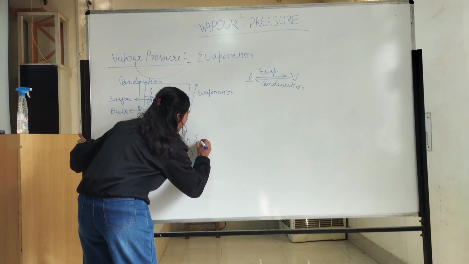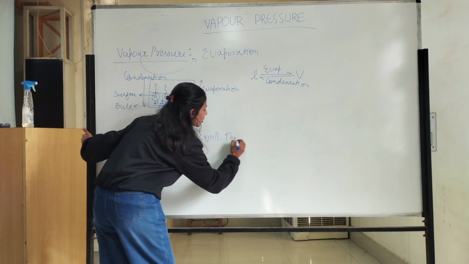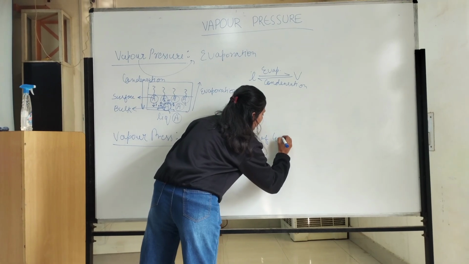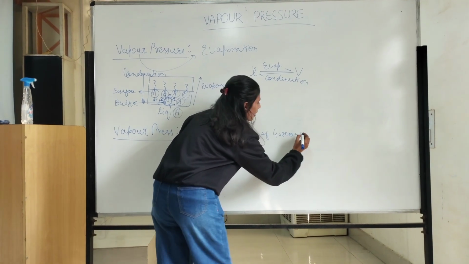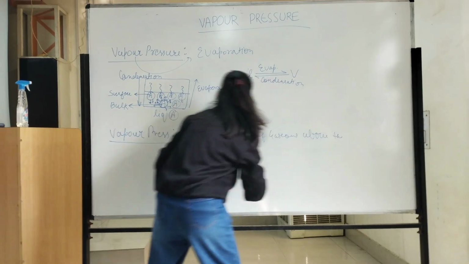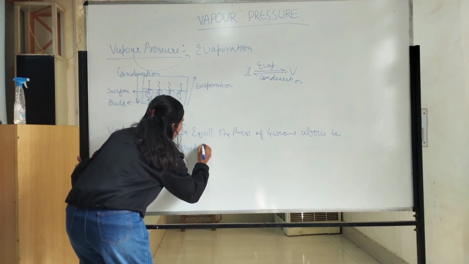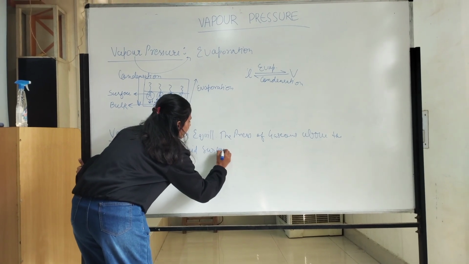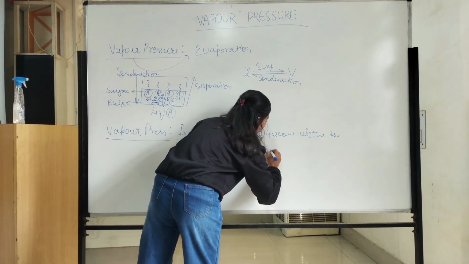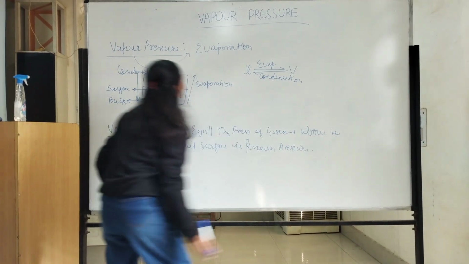So in equilibrium, the pressure of gases above the liquid surface is known as vapor pressure. I hope you all get it.